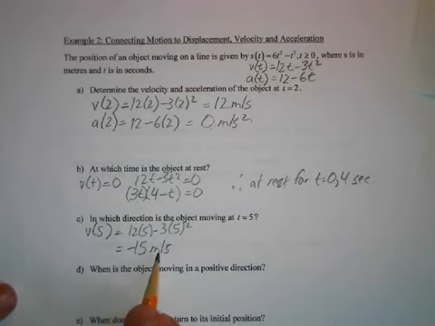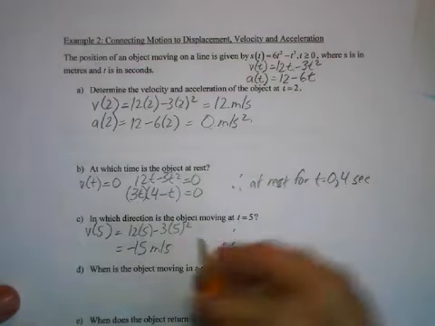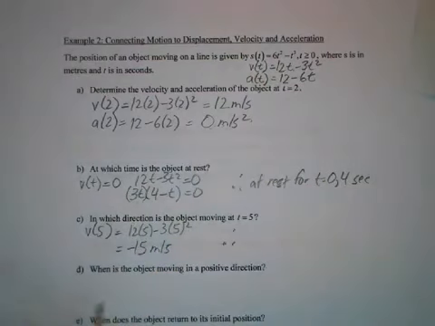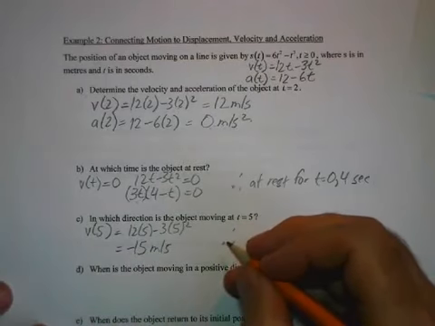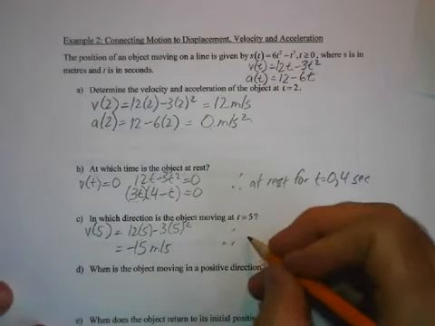So that means the object is moving in a negative direction. All the question is asking is, is it moving to the left or the right? And because it's a negative sign in the velocity, the object is moving in a negative direction.